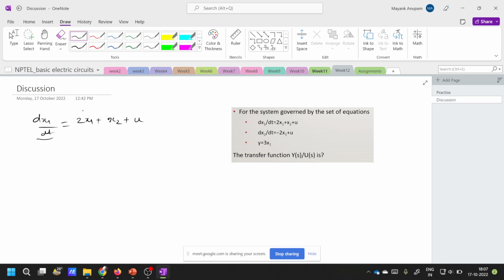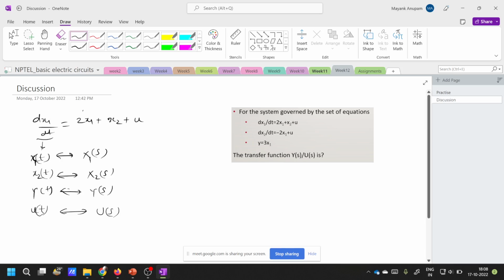Now you know that if we represent the Laplace transform of x1 of t using x1 of s, and x2 of t in the Laplace domain as x2 of s, similarly y of t as y of s and u of t as u of s, then, by the way, these are all Laplace transforms.